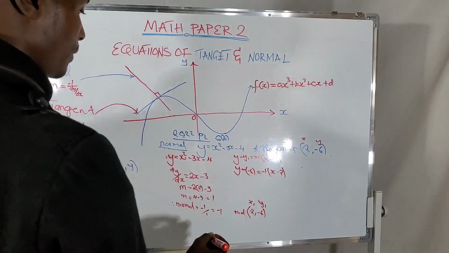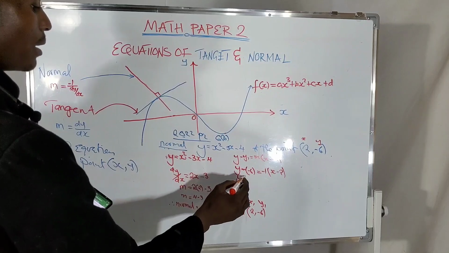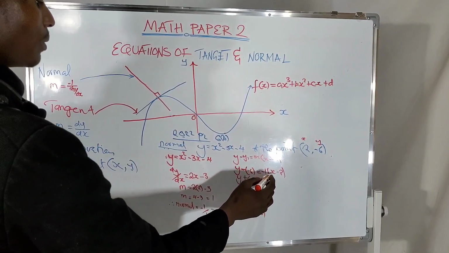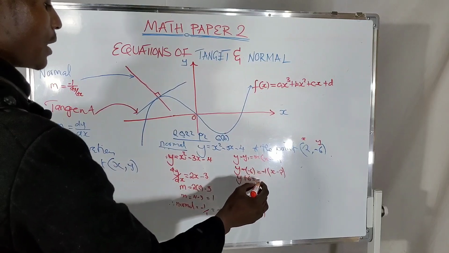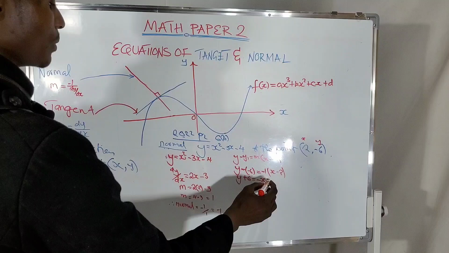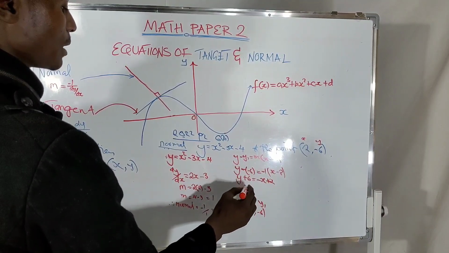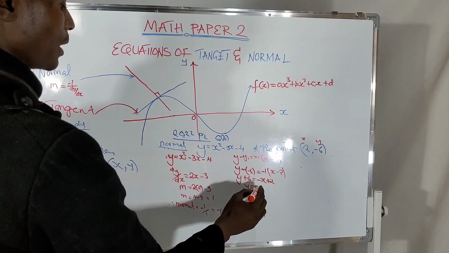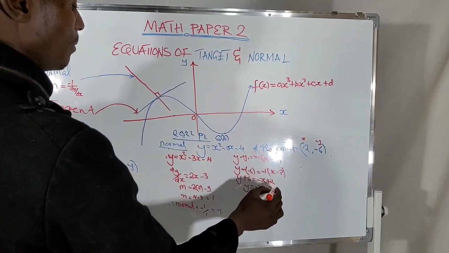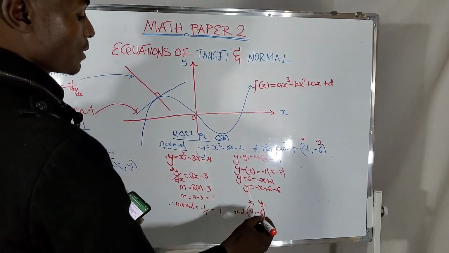So y plus 6 equals negative 1 times x minus 2, which is negative x plus 2. The 6 crosses the equal sign, so y equals negative x plus 2 minus 6.